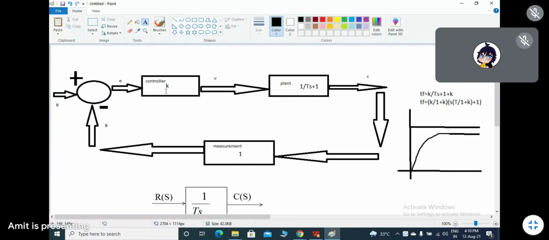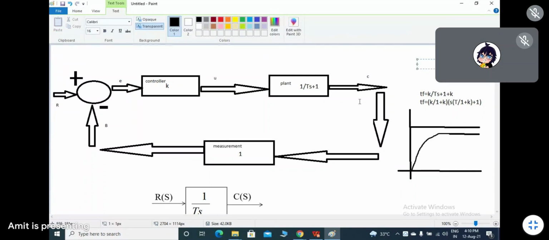In the numerator it is K only. So the closed loop transfer function equals K divided by tau s plus 1 plus your numerator K. The forward path transfer function will be K divided by tau s plus 1.